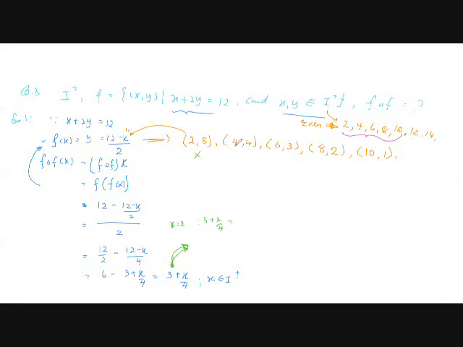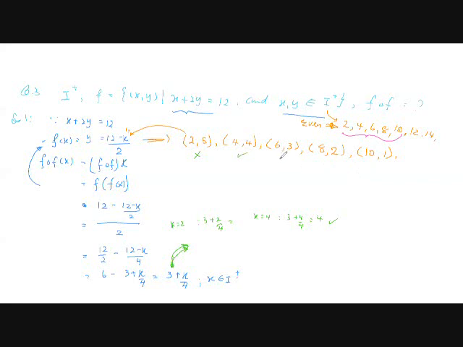Now you try 4. If x equals 4, you're going to have 3 plus 4 over 4, so it becomes 3 plus 1, which is 4. So 4 is a positive integer, so this one works. So in this coordinate, x and y work.